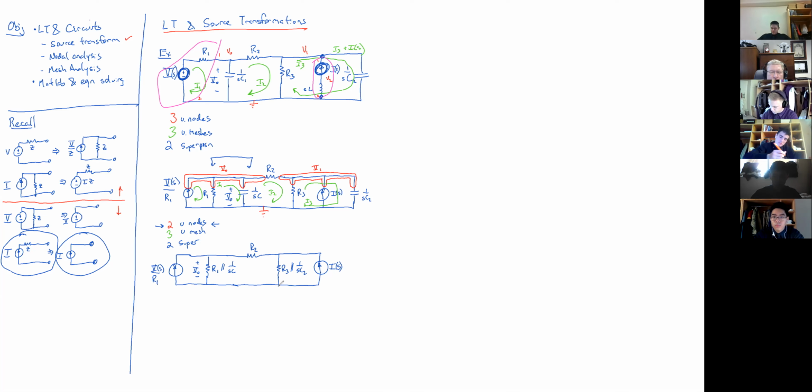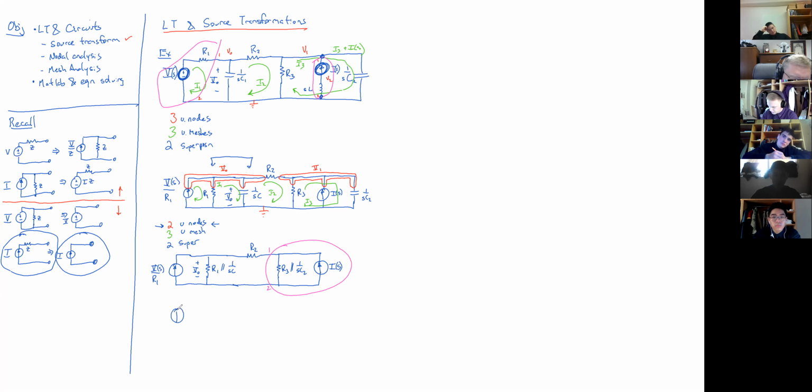If you redid your number of unknown nodes and meshes, this would be a whole lot simpler. But I might still be tempted to take it all the way and do my source transform of this side. Just checking, I still only have 2 wires coming out of my source transform, so I can do that.